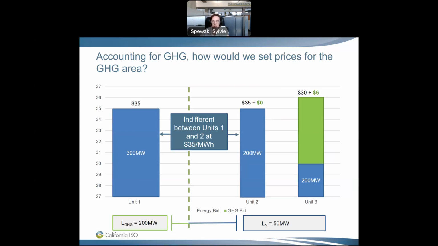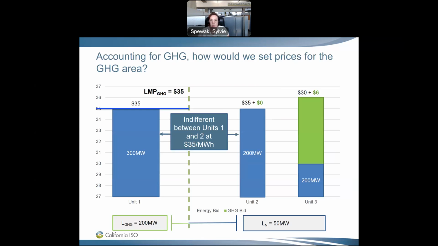If we need to meet the next increment of load in the GHG area, so we need to meet the 201st megawatt of load, we know that it's either going to come from Unit 1 or Unit 2. And because they cost the same, the LMP in the GHG area is going to be $35.